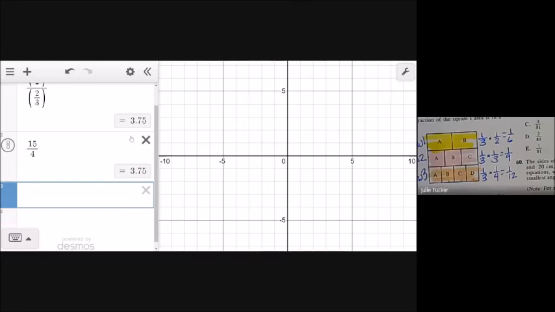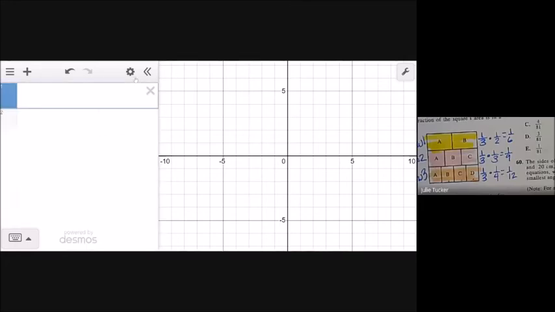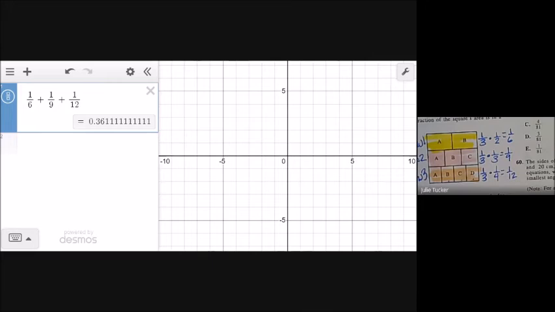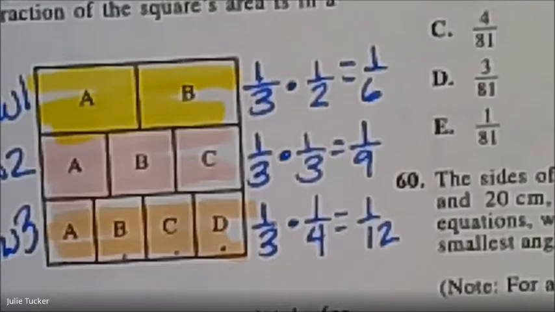All right, let me close the other equations. Okay, 1/6 plus 1/9 plus 1/12. And they didn't give us a fraction answer. They said 0.36. So now we have to go look at the answers and we have to eliminate ones that don't make sense. 0.36 is very close to 1/3.